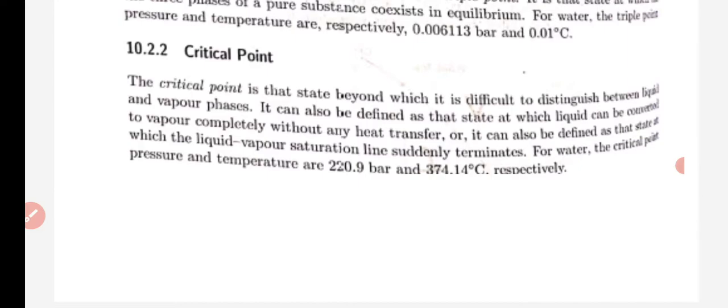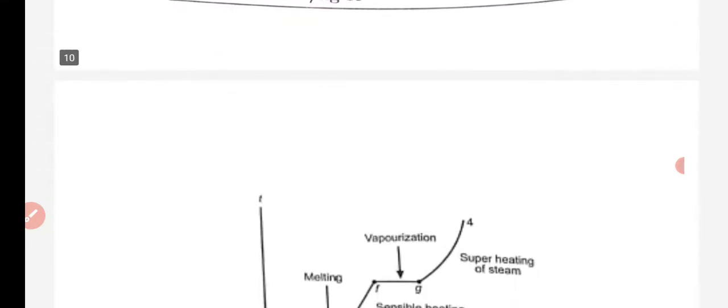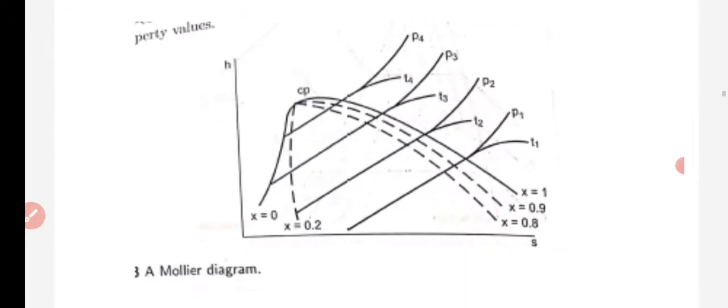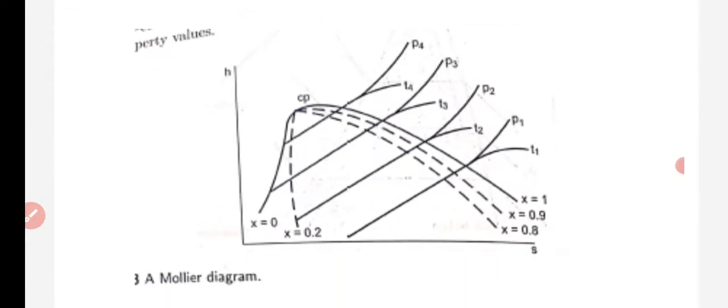Without any substantial heat transfer, the liquid gets converted into vapor, and the liquid vapor saturation line completely terminates. For water, it is 221 bar and 374 degrees centigrade. This is the critical point, you can see here.